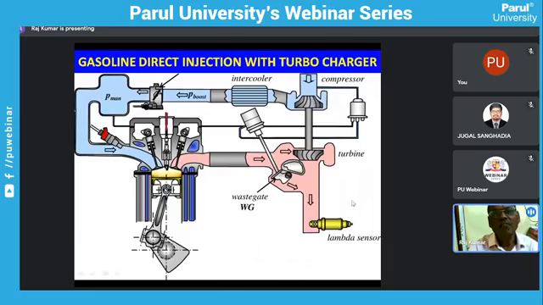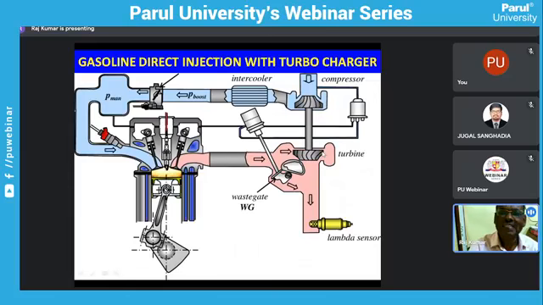This is a diagram of gasoline direct injection with turbocharger. As I said, the turbocharger is a must, which reduces our pollution. Here the turbocharger is run by the exhaust gases.